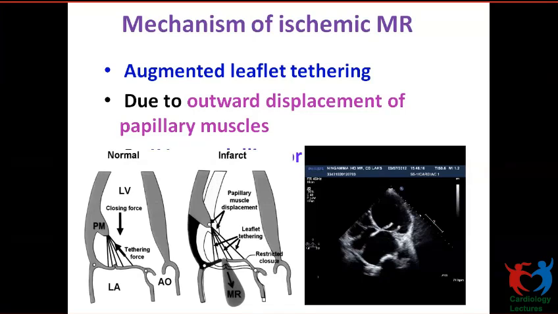So the classical example is ischemic MR. Here it is not because of papillary muscle dysfunction, and this will not improve after angioplasty or after surgery, because it is because of remodeling and that area is already akinetic or dyskinetic. It will not be cured by revascularization.